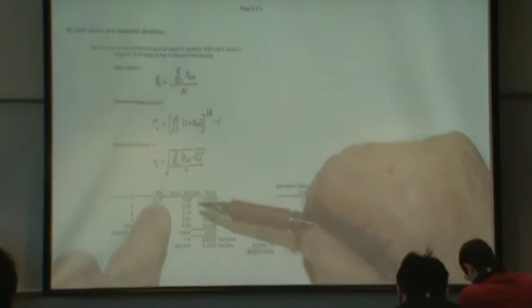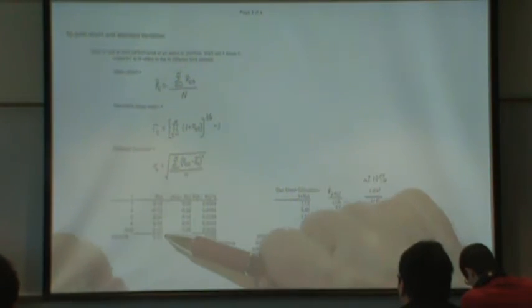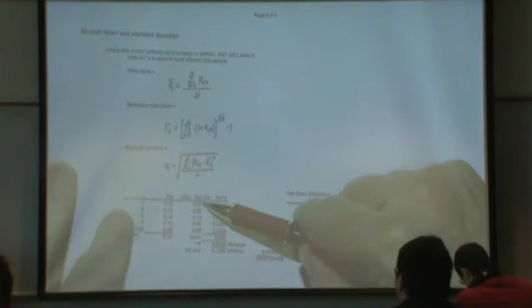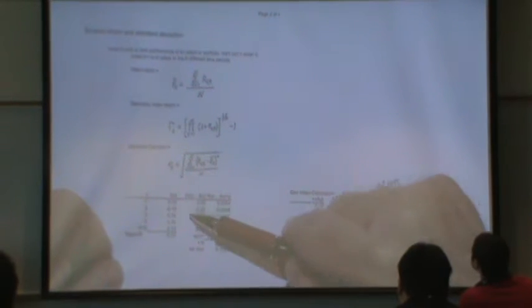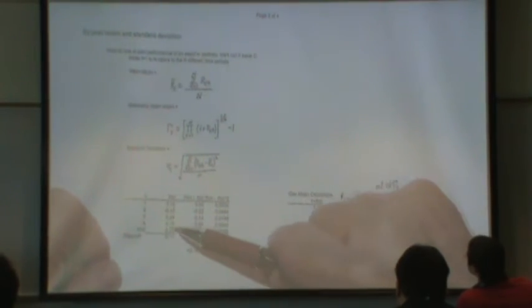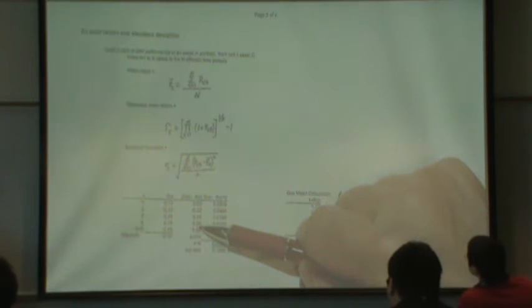So here's how it looks. We've got 12 return here and a 10 mean. So 12 minus 10 is 2. Minus 12 minus 10 is minus 22. 24 minus 10 is 14. 10 minus 10 is 0. 16 minus 10 is 6. So everybody follow where that stuff's coming from?